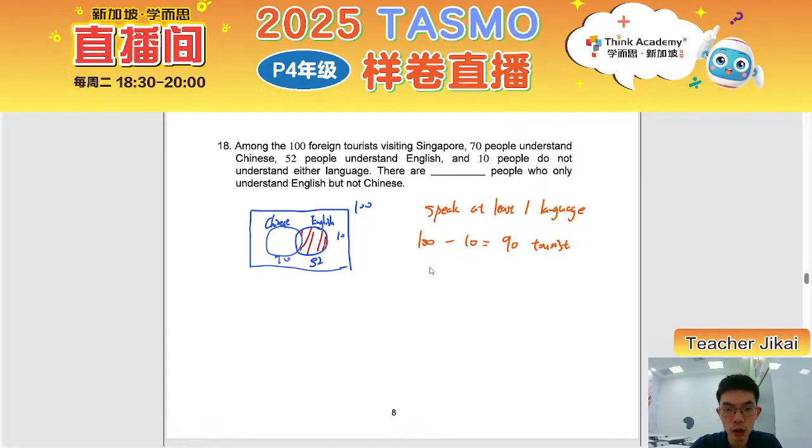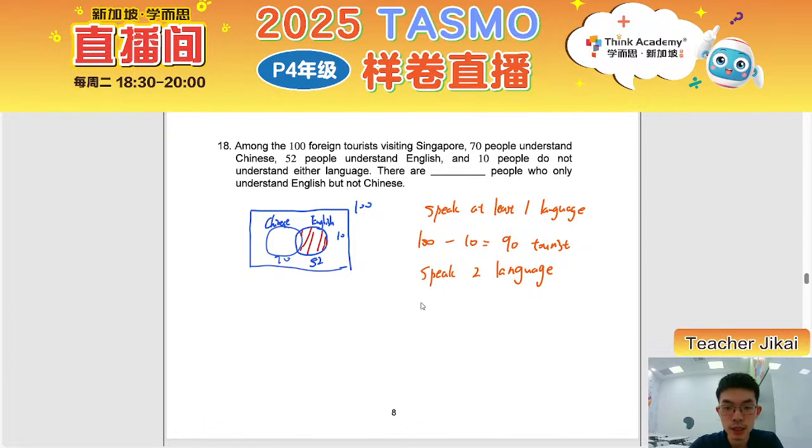And then we can know who speaks two languages, the super smart guys. We know the whole part is 90. So it is 70 plus 52, and we minus the whole part. So it is like the overlapping part added twice, right? So if we minus it once, the remaining will be once.